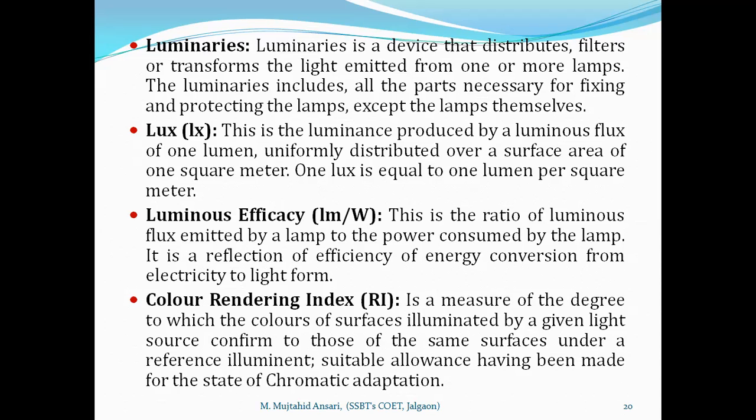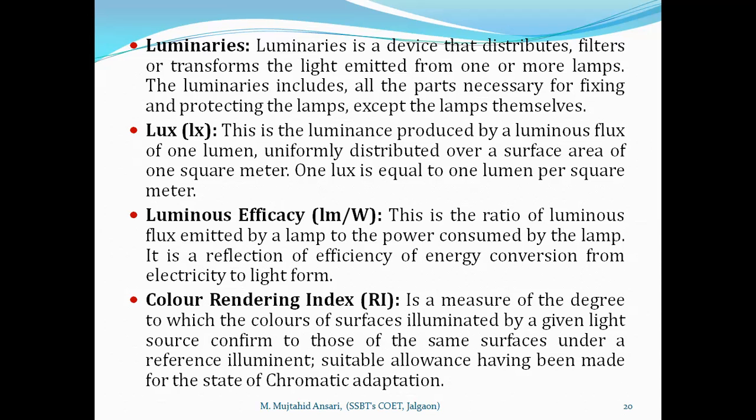Second is the color rendering index. It indicates the closeness of the color appearance of any object under the given light with reference to the reference light. Suppose we consider the reference light as natural daylight, so what is the color of the object, and what is the color of the object under the different given light source.